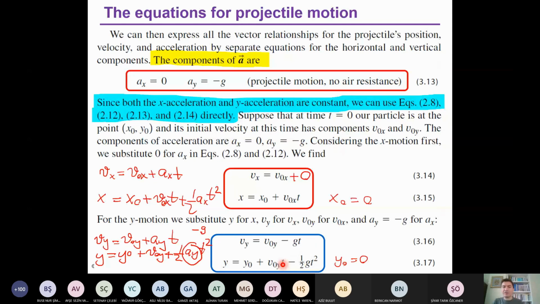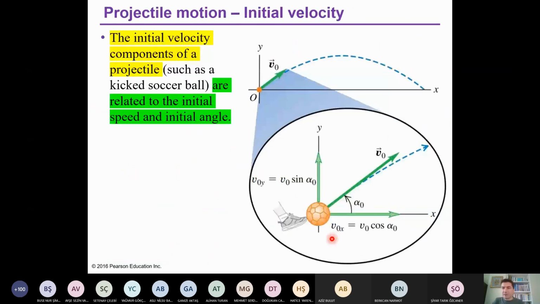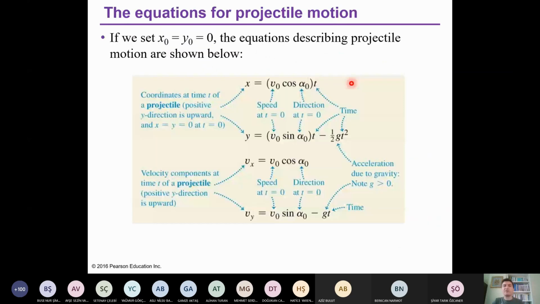So instead of v0x and v0y, just write these components containing cosine alpha 0 and sine alpha 0. Then finally, we have these equations for projectile motion. x is equal to V0 cosine alpha 0 times t, and y is equal to V0 sine alpha 0 times t minus 1/2 g t squared, and Vx is given by this one, Vy is given by this one.